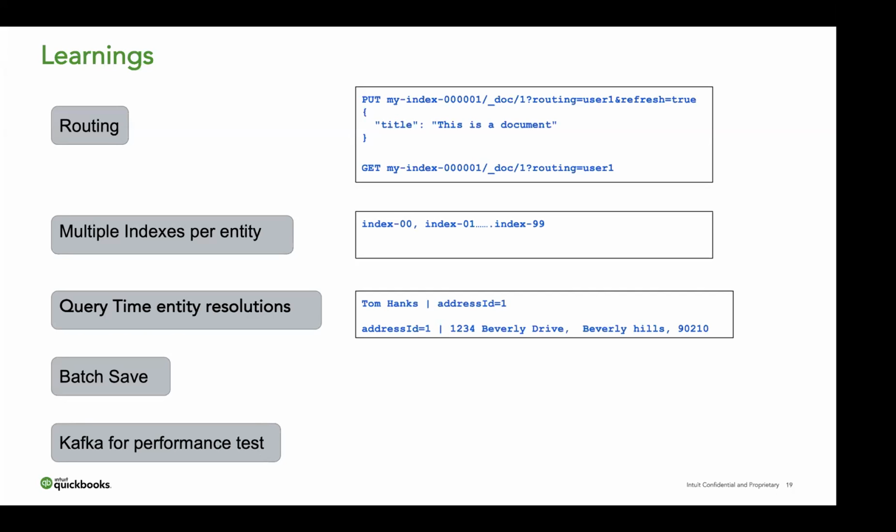So once you have Kafka data for a certain period of time, and you can tune in Kafka how many days or months you want to store the data for, you can set your offset to earliest, and that will pump the data from the start of time, and that will give you a really good performance test that you can do against Elasticsearch.